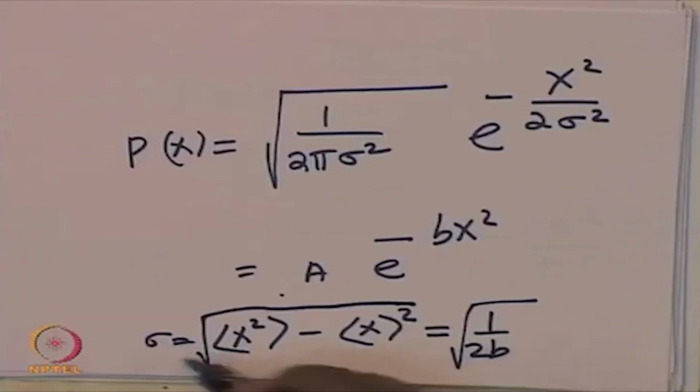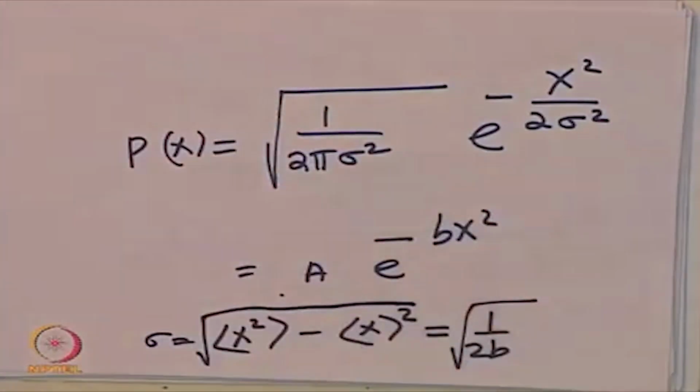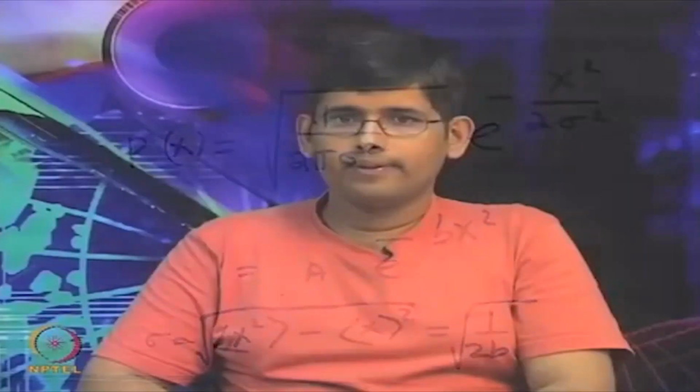That gives a relation between b and sigma, and that gives P of x this particular form. This is the reason why sigma is coming here and here. So, we found x average and x square average.